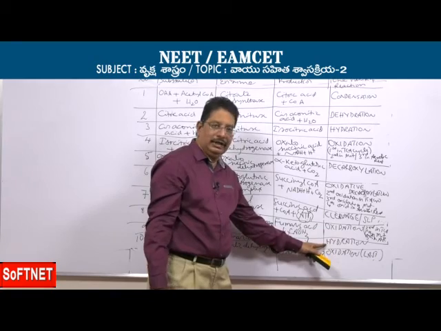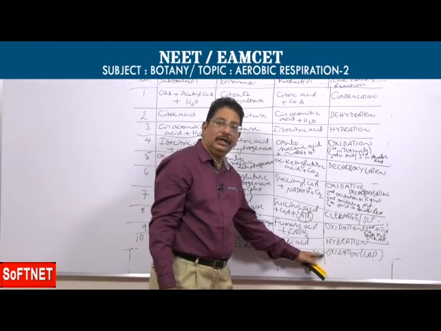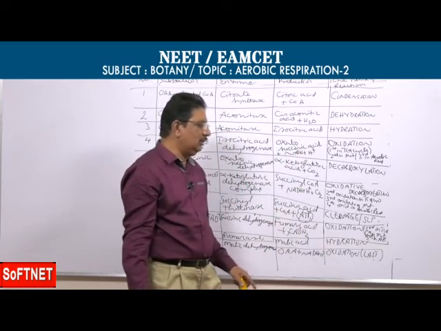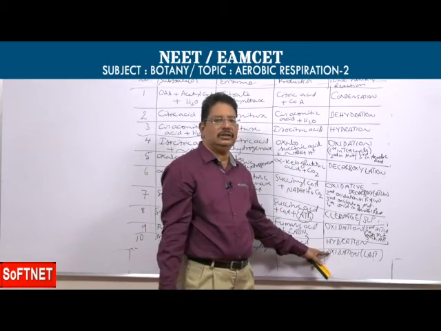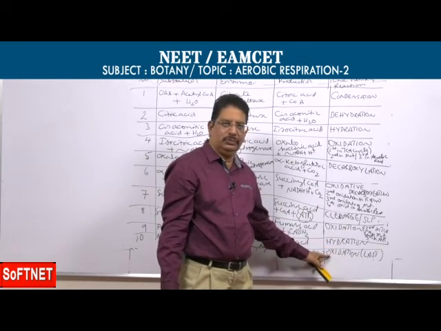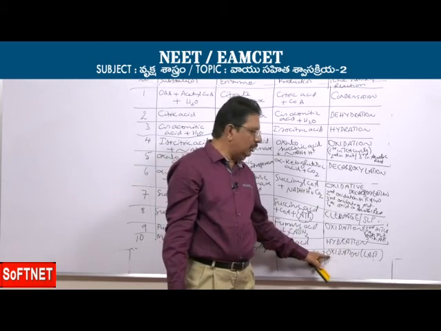Next reaction is hydration, where water is utilized, and last and final reaction in Krebs cycle is once again an oxidation. So, it is the last oxidation in aerobic respiration, otherwise sixth oxidation step in aerobic respiration.